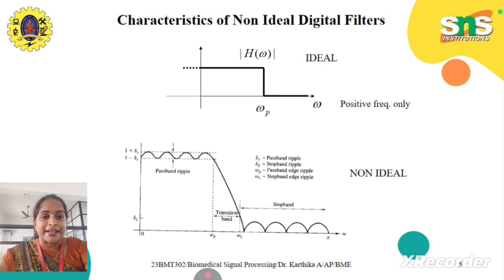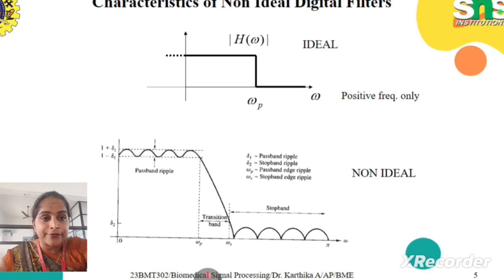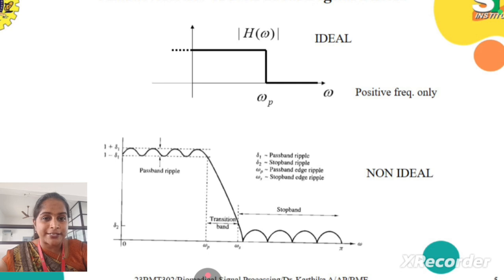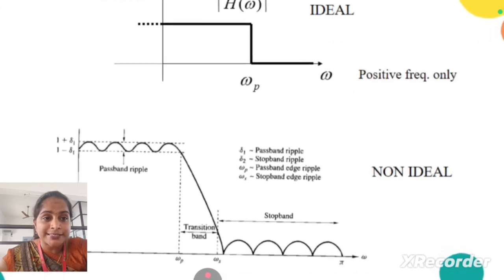See the characteristics of non-ideal digital filters. See here, the first one is our ideal digital filter. Here we have taken only the positive frequency. See, in the non-ideal filter, we have a frequency response like this. First one, see here, del 1 is the pass band ripple, del 2 is the stop band ripple, omega p is the pass band edge, and omega s is the stop band edge.